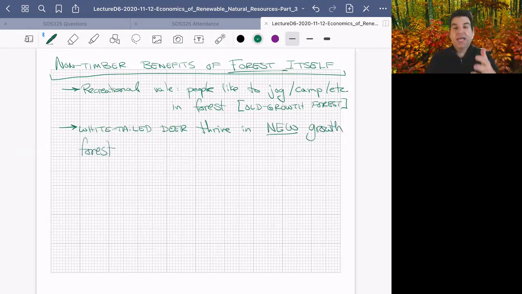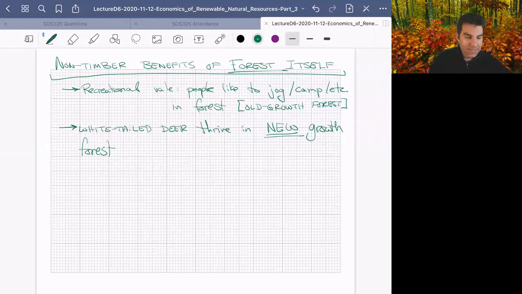And that's because they maybe like shorter trees, where, for herbivory, a large terrestrial herbivorous ungulate like a white-tailed deer needs access to that herbivory. So the new growth forest might be better for the white-tailed deer. So if we want to support white-tailed deer populations, then maybe it'll be important to support young forests.